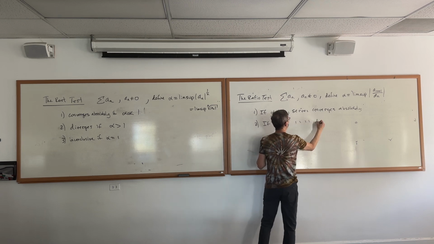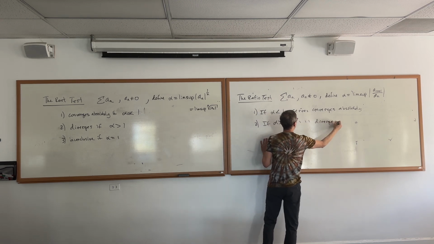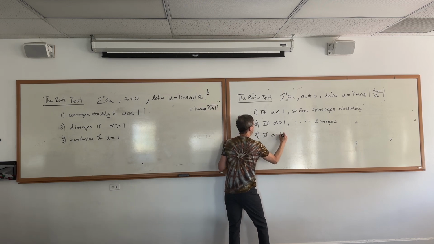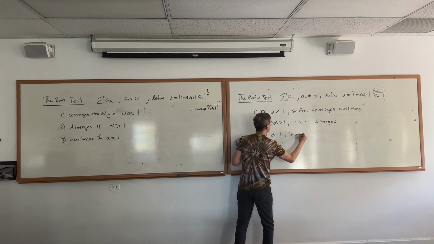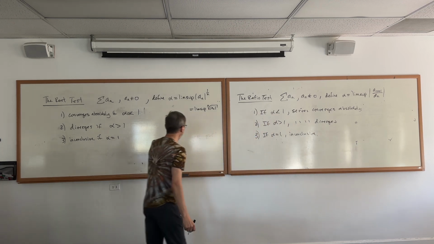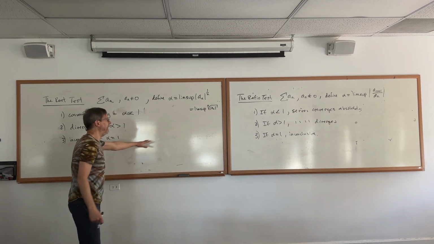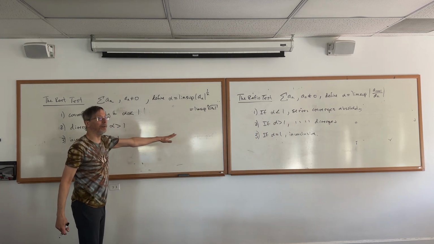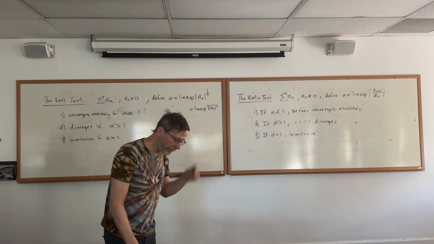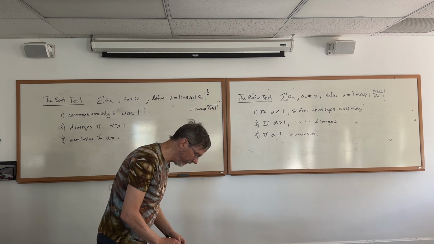The series diverges. And again, we have inconclusive results if alpha equals 1. And we need to take some other methods up. So these inconclusive cases, these are like further analysis is required. All right, let's do some tests.